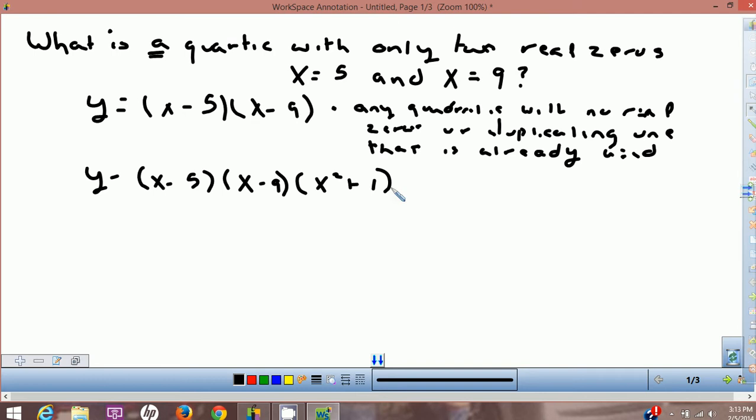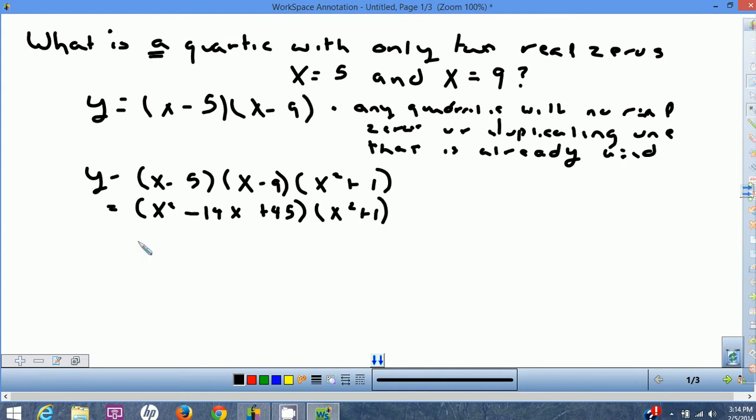So if I multiply x minus 5, x minus 9 times x squared plus 1, if I FOIL the first two linear factors, I get x squared minus 14x plus 45, and then I do the distribution with my x squared plus 1. I end up with a polynomial of y equals x to the 4th power, so it's quartic, minus 14x cubed plus 46x squared minus 14x plus 45.